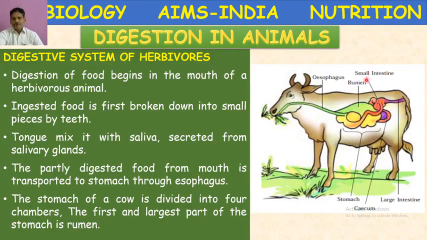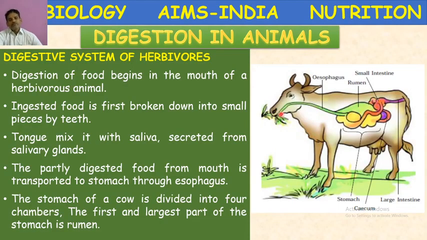As the rumen is present, the animal undergoes a process called rumination, so they are also called ruminants. What is rumination? The food material is first swallowed directly without chewing. Then the animal brings that partly digested food back into the mouth and chews thoroughly.